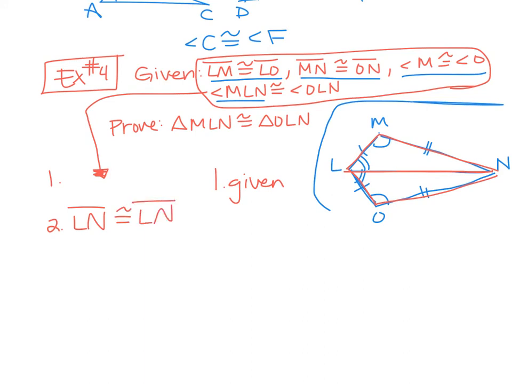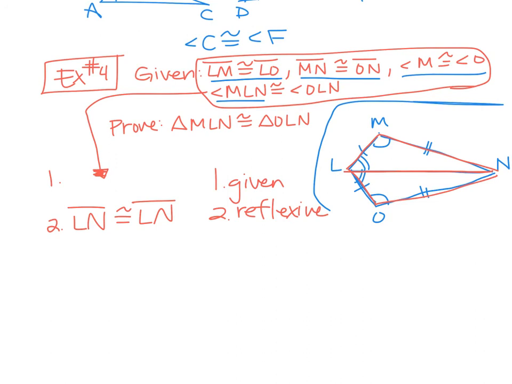What is that? Reflexive, okay? You're gonna see the reflexive property, I bet, in like 85% of your proofs. So look for a side that is shared. This is where reflexive property matters. This is why we learned reflexive property a little while ago. So the reflexive property says those 2 segments are congruent.